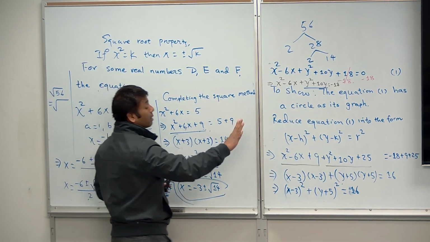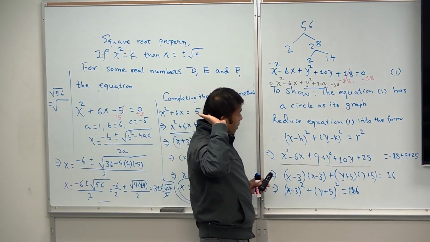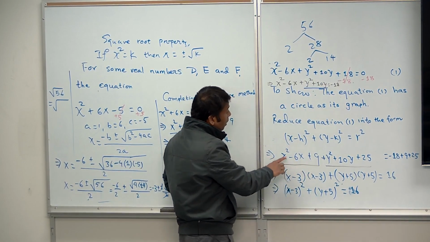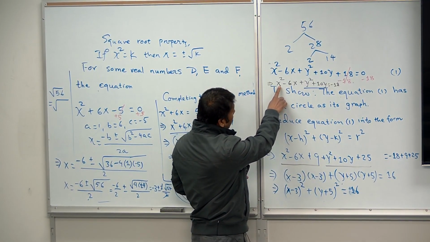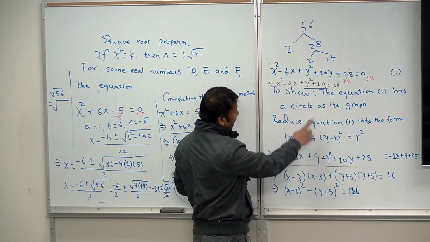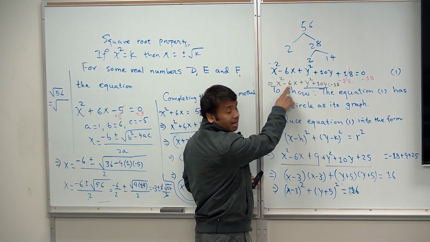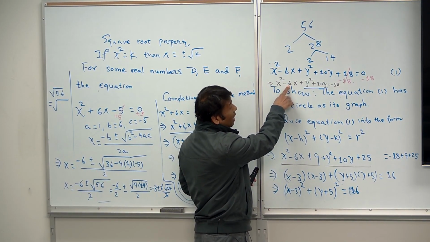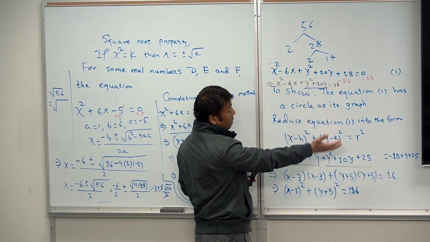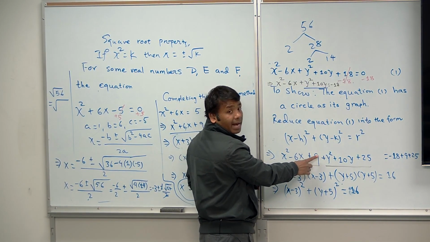I just try to tell you. So here you have x squared minus 6x, and I find the coefficient of x, which is negative 6. Is that right? And I found half of negative 6, that is positive 3. Square that and add on both sides.